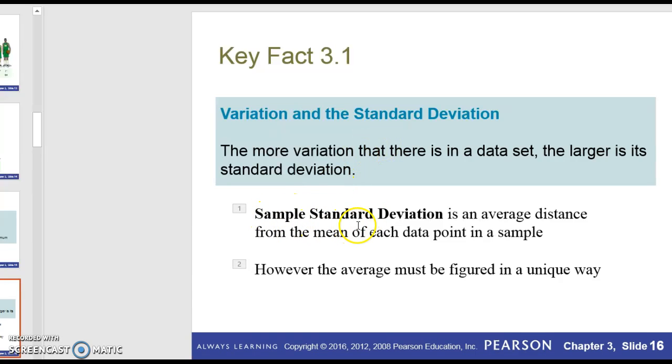A sample standard deviation is an average distance from the mean for each data point in the sample. It has to be found in a different way, which we're going to talk about in a little bit. But it does give you a very good number that shows you how varied the data is. The more the variation, the larger the standard deviation is going to be, because it's the average distance away from the mean.